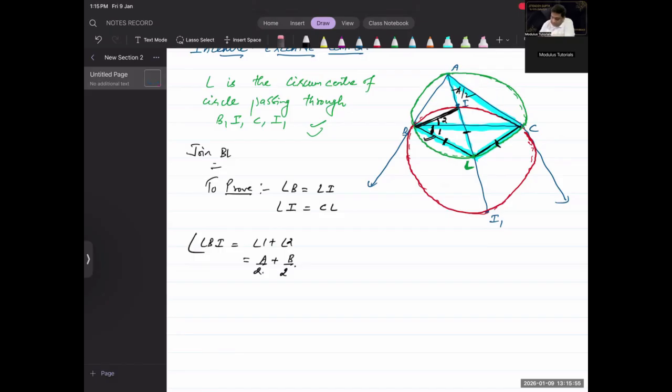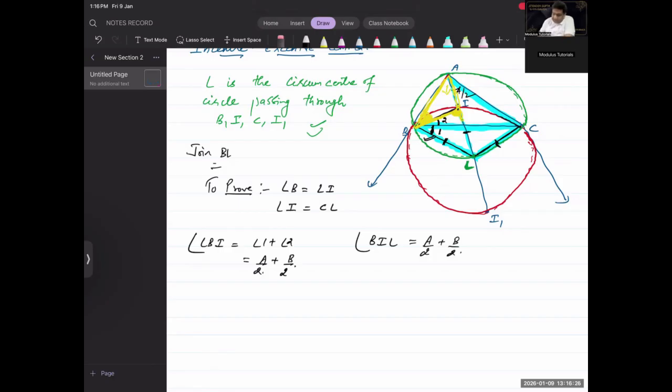Now similarly, guys, if you talk about angle BIL, this angle is directly the external angle in this triangle, AB I1. In this triangle, BIL is the external angle. So what will this be equal to? This angle which is A by 2 and this angle which is B by 2. So this is directly A by 2 plus B by 2.